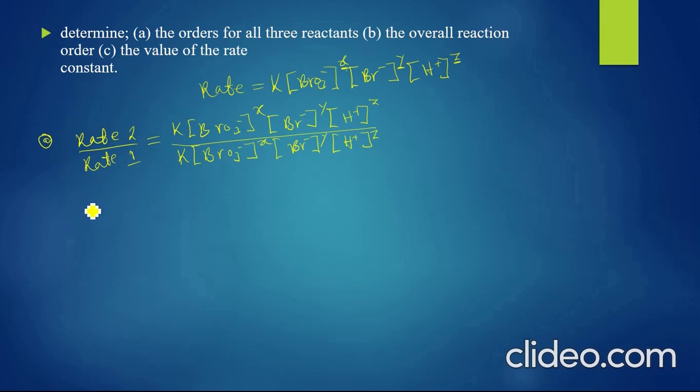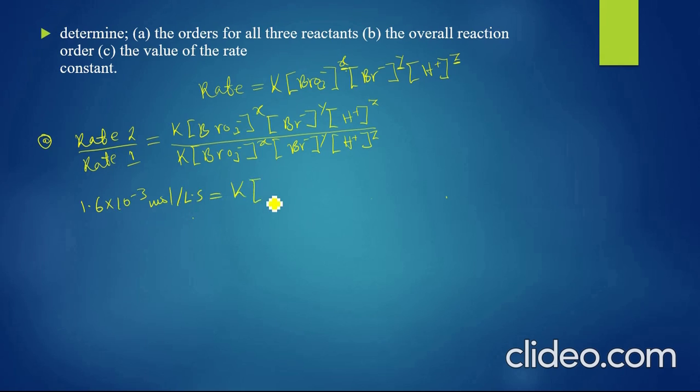Okay, so now that we know the information on experiment 2, let's substitute. On the table, rate 2 is given to be 1.6 times 10 to the power negative 3 mole per liter per second, which is equal to K, and then what's the initial concentration of the bromate ion on the table?